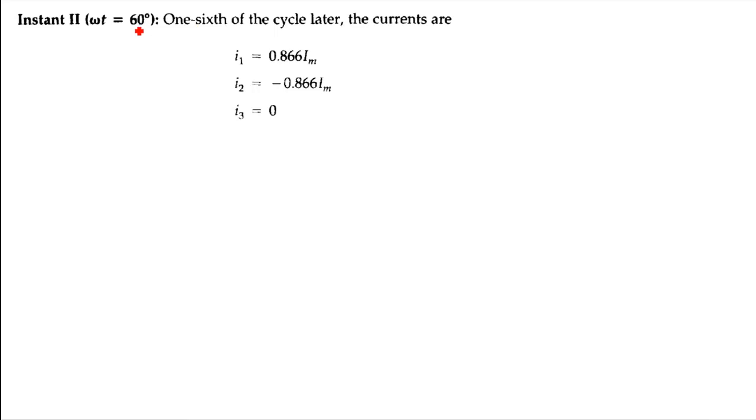Now let us consider another instant, that is instant 2, when omega t is equal to 60 degree. That means 1/6 of the cycle later. First we took the initial point when omega t equals 0, now I am taking omega t equal to 60.